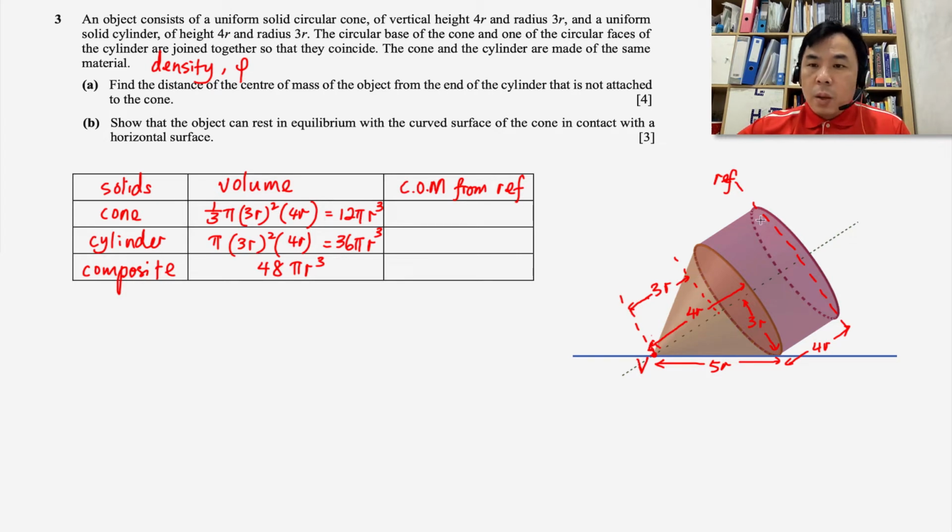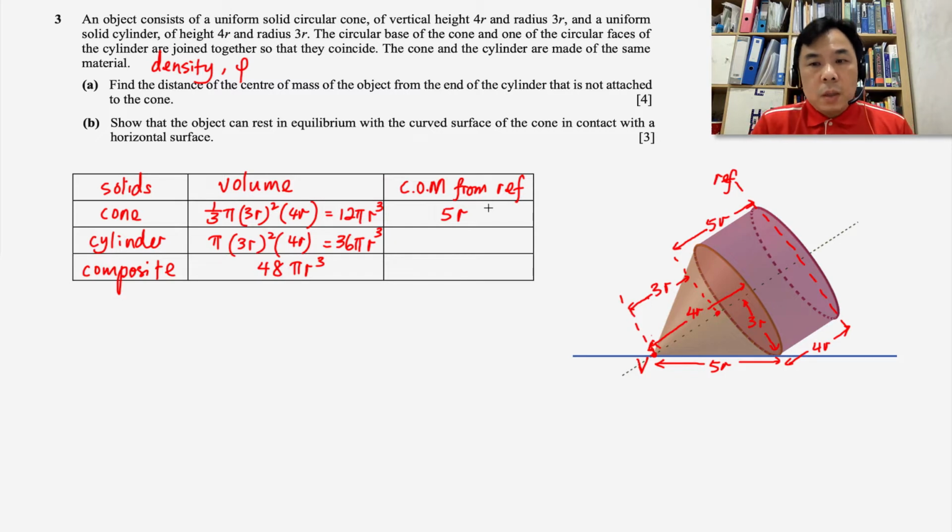But we are measuring the center of mass from the reference line. Therefore, this is 4r plus another r here. This is 3r. This is r. Correct. That will give us 5r with respect to the reference line up to here. This is where the center of mass for the cone is located. Therefore, we're going to write this one down as 5r.